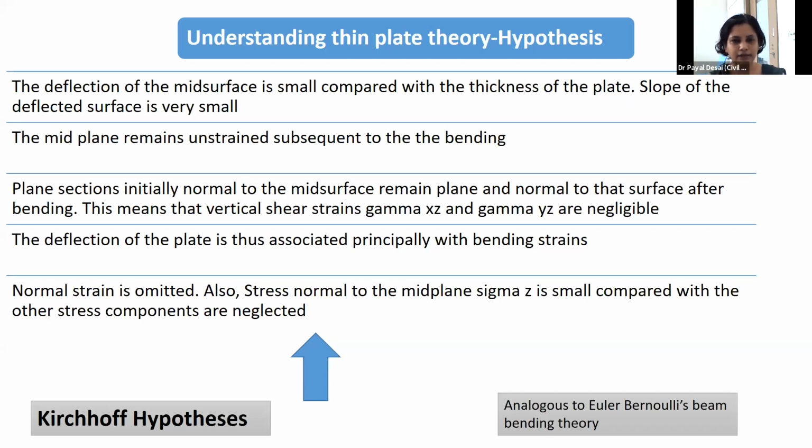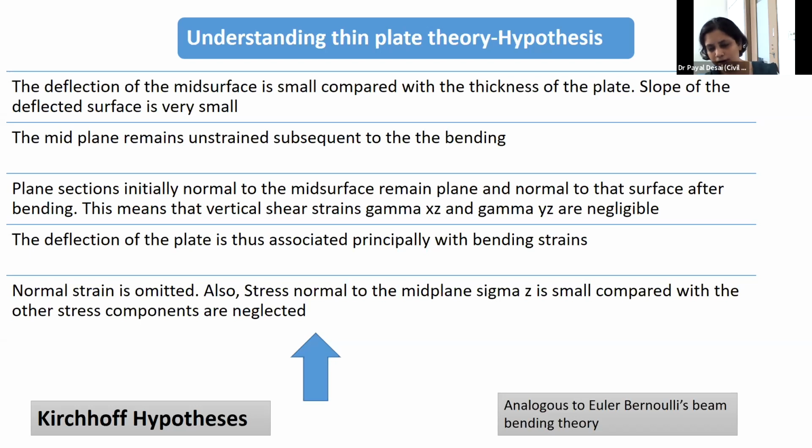And in engineering, whatever slab or plate structures we are designing, we don't want our structure to deform larger. We want our structures to deform smaller, and we design it for small deflection. Of course, we check the deflection criteria and all, but then we assume that deflection should be small. So that is the first assumption, the deflection of the mid surface.